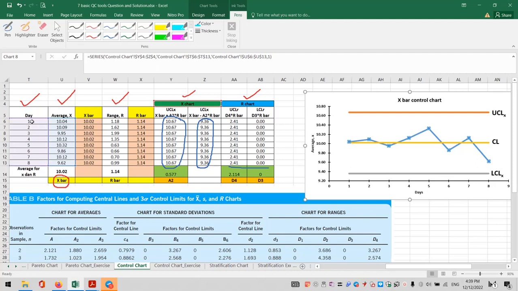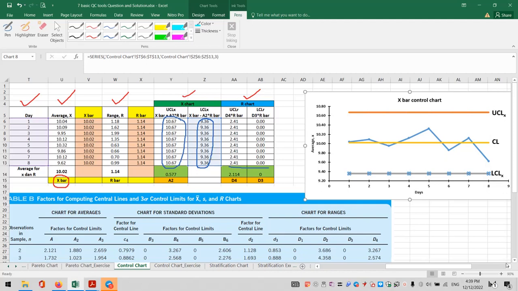For the central line, you take the data from the X bar. For the upper control limit, you take this value, and for the lower control limit, you take this value.